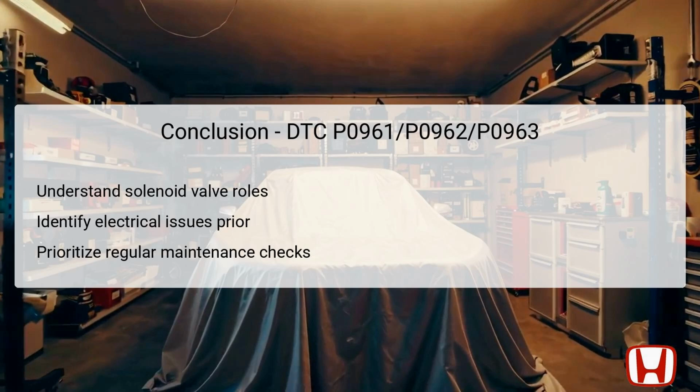Recognizing symptoms early, performing systematic troubleshooting, and implementing repairs effectively can restore proper operation and reliability. Furthermore, consistent preventive maintenance ensures longevity and performance, mitigating the risk of these DTCs reoccurring.